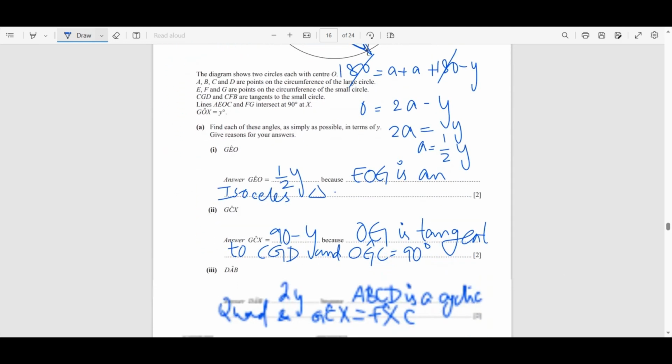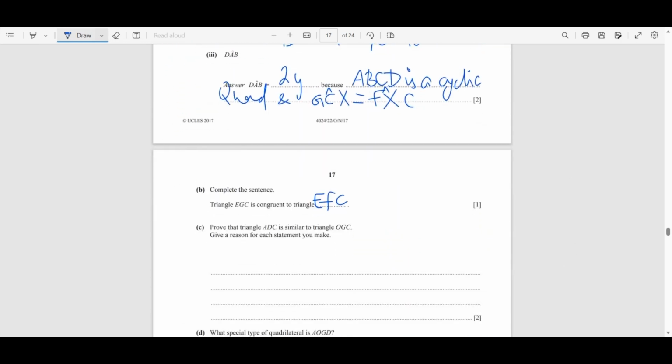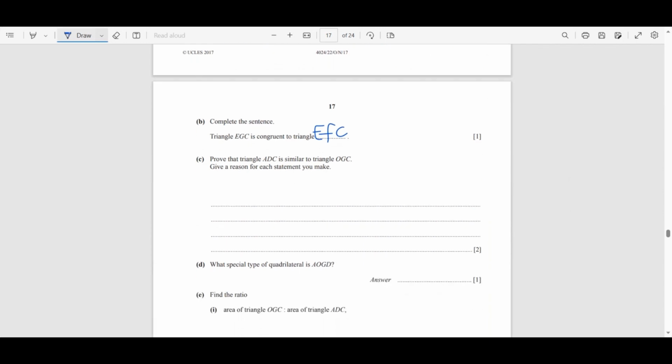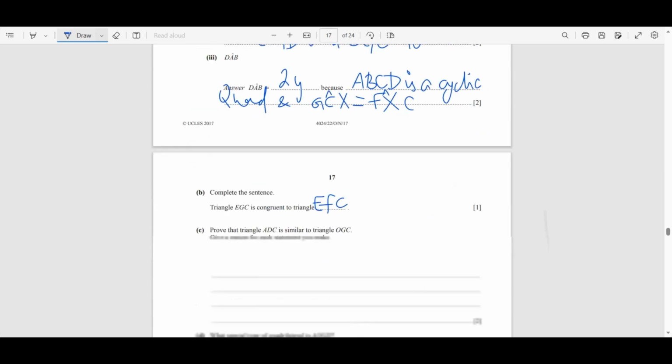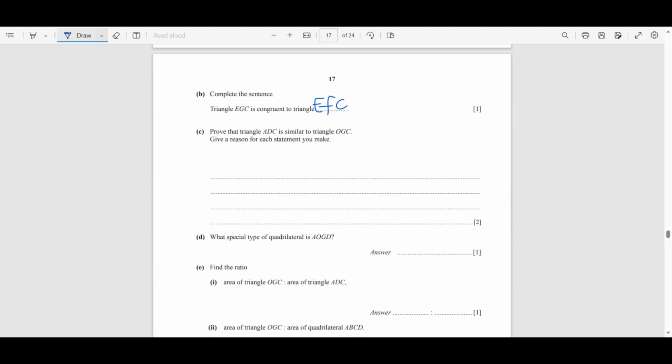And let me show you how to form the answers. Give a reason for each statement you made. Because we have 2 marks, 2 statements are good. One statement was OCG and ACD, because it's the same angle. So just a keyword is fine.